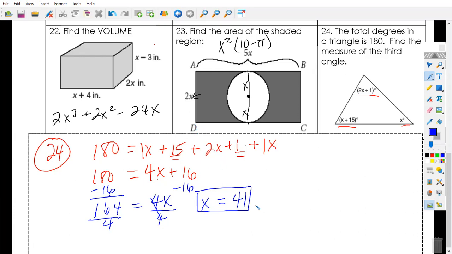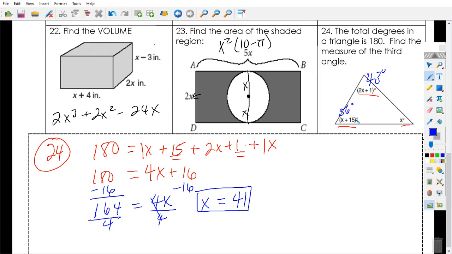So x equals 41. So if I had to find the other two angles, could I find them? Yeah, I could. So just let's do it for fun. What would be the measure of this angle? 43. Good job. What would be the measure of this angle? 56. You know what I meant.